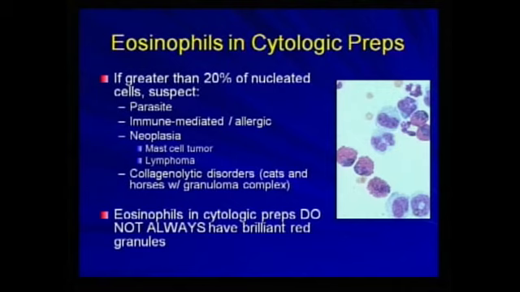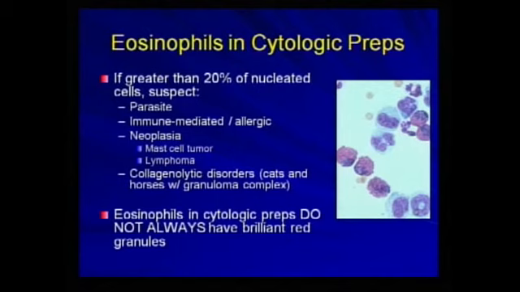Obviously, the same things that cause eosinophilia in anatomic pathology would cause the same in cytology. So we're looking at parasites, possible allergic or immune-mediated disease, certain neoplasms that release eosinophilopoietic factors, such as mast cell tumors or various lymphomas.